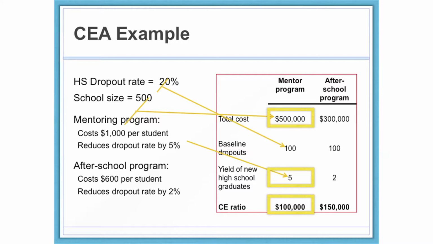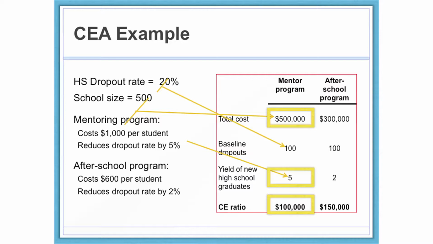And we're going to compare our mentoring program, which we costed out on Tuesday at $1,000 per student, with our after-school program, which we costed out at $600 per student. And then we're going to get the dropout rates for each of these two programs. And we're going to assume that the only purpose of these programs is to reduce the dropout rate. That's the only purpose.